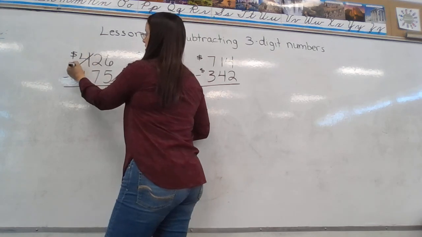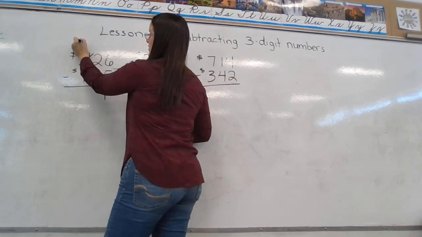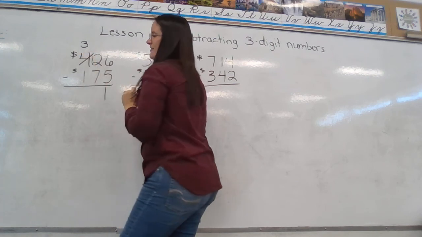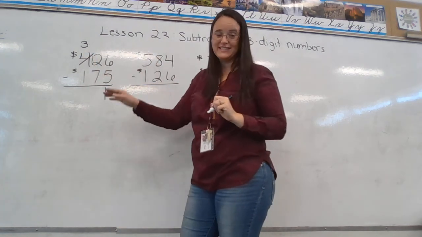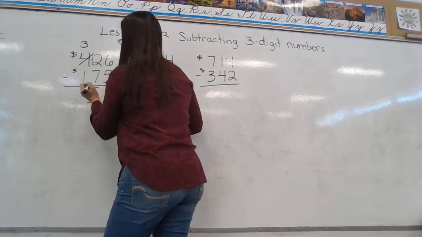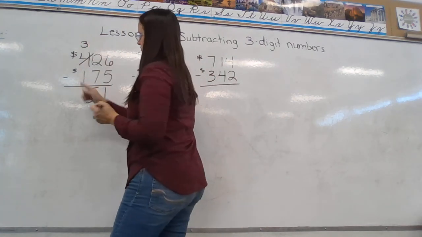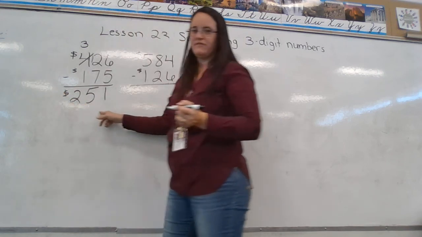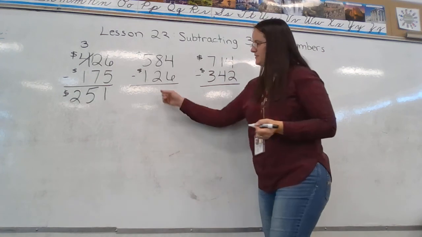We'll borrow from our hundreds place here. I had 4, now I only have 3. I'm going to sneak my 1 in there. So now I have 12 10s. Can I give you 7? Yes, I can, and I will have 5 left. And then 300s minus 100. So $251 is our first answer.